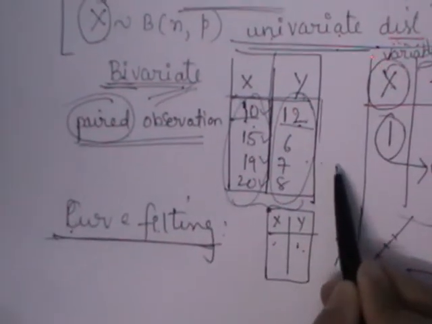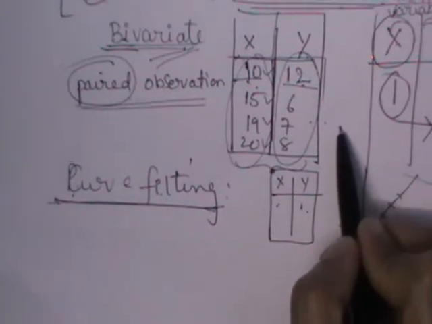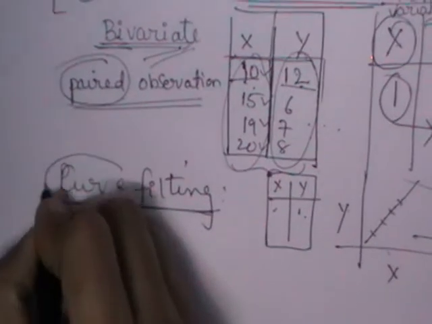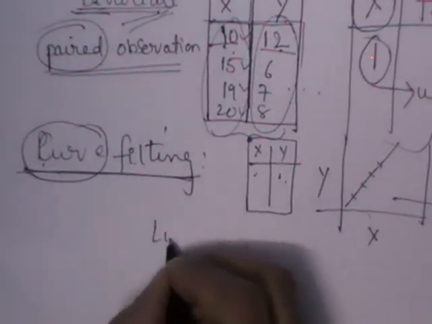Curve fitting means whenever a numerical data is given to you, whatever it may be, if you find some bivariate data, it always represents a curve. That curve may be a linear curve or a non-linear curve.